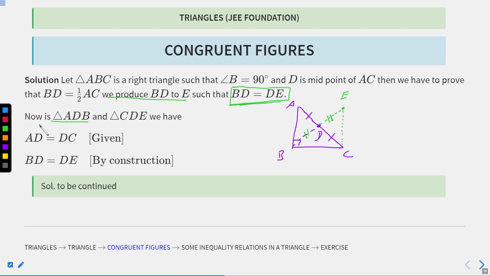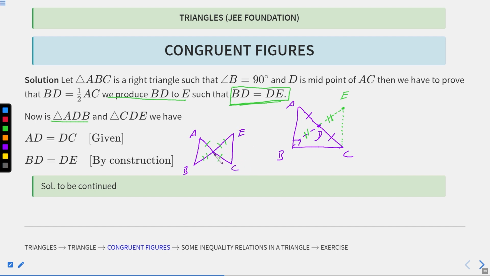The triangle ADB, and the other triangle is CDE.